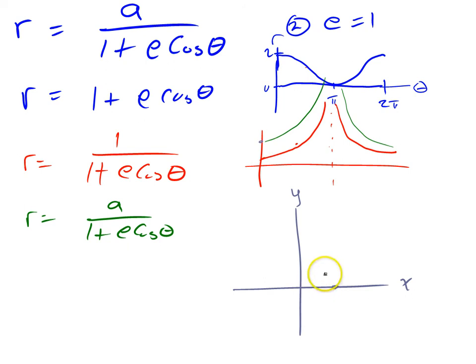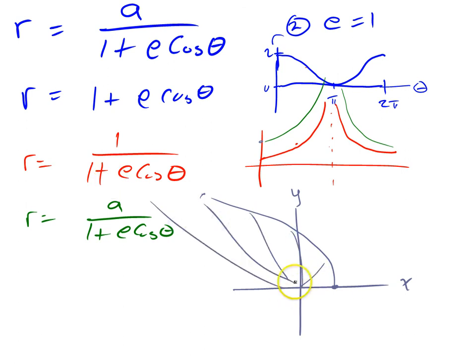Then what happens? As we move further and further away, this graph gets farther and farther away, and in fact, these get bigger and bigger, and by the time you're looking in the direction of pi, this is infinitely long, so this graph never comes around and hits there. It just keeps headed out here.